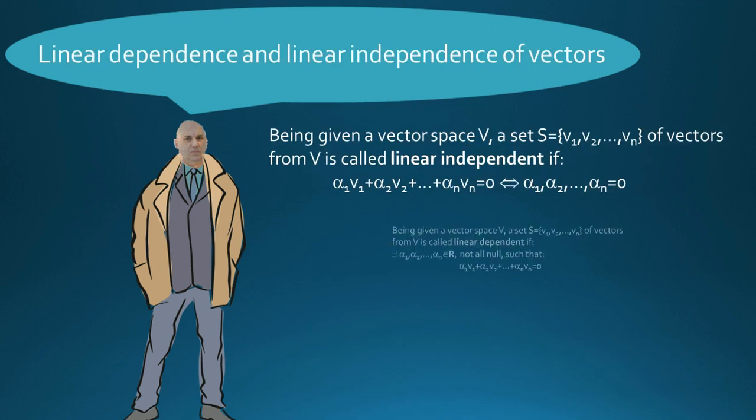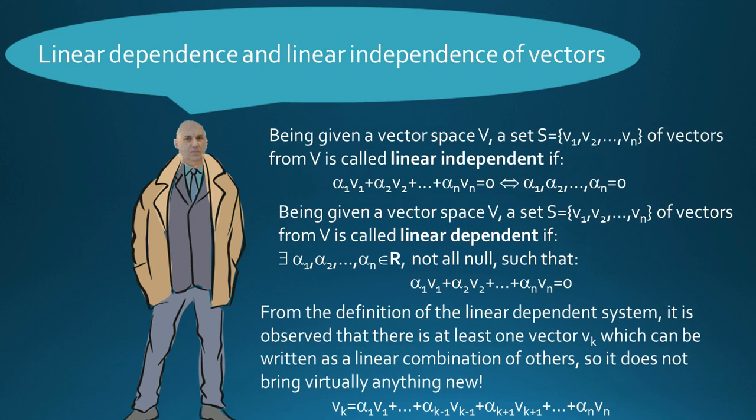Linear dependence and linear independence of vectors. Being given a vector space V, a set S = {v1, v2, ..., vn} of vectors from V is called linear independent if the combination alpha 1 v1 + alpha 2 v2 + ... + alpha n vn = 0 is true if and only if alpha 1, alpha 2, ..., alpha n are all 0.